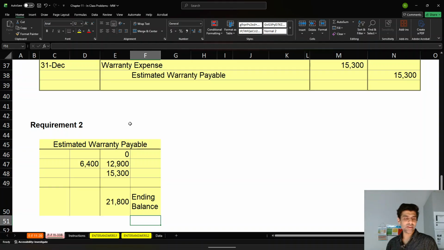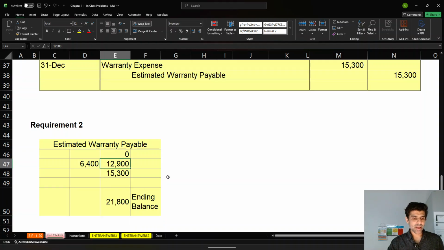Yes, we were, right? Because we took an adjusting entry expecting $12,900 of warranty, but only about half of that amount actually came in. So we took a larger than necessary expense.